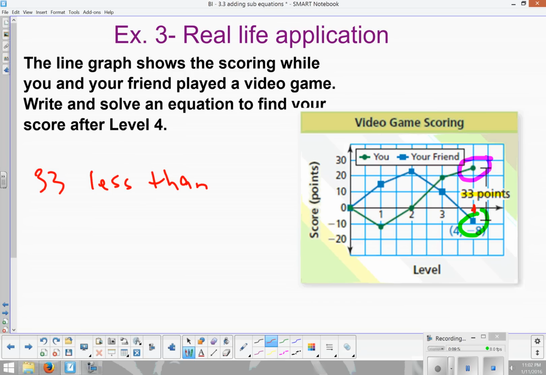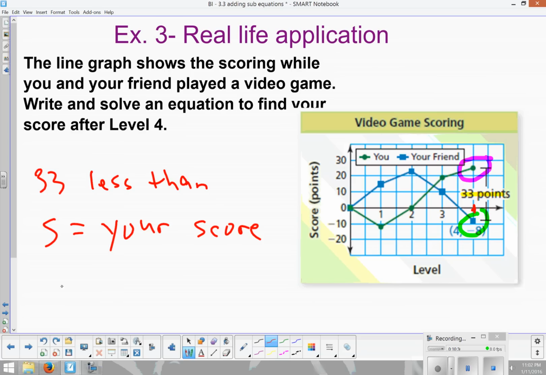33 less than, okay? Now, we can let S represent your score. So again, what I'm doing is I'm just writing down some information that will help us write an equation. And then what do we know also right now? We know that -8 represents your friend's score.